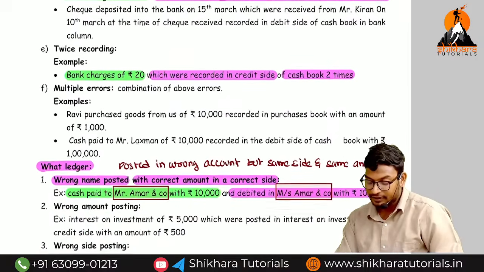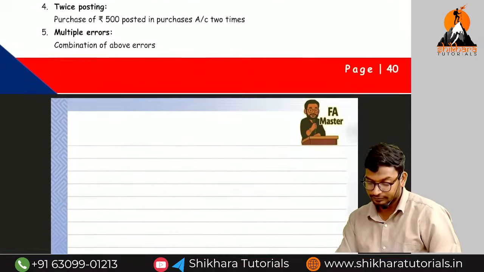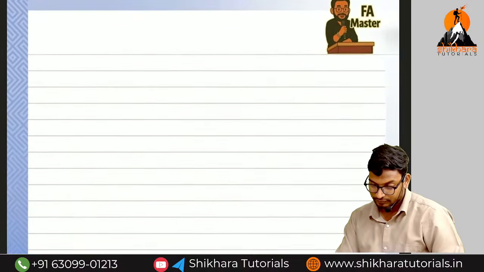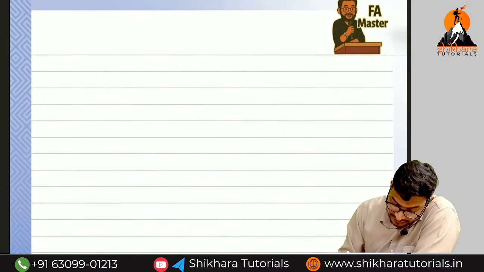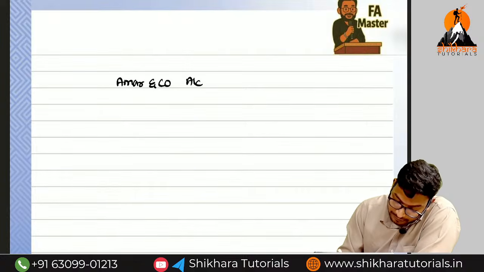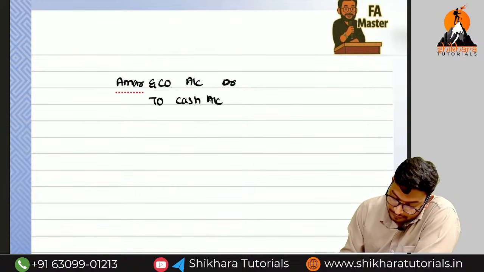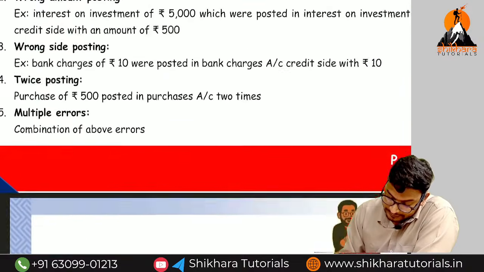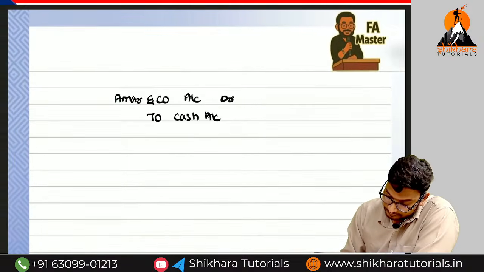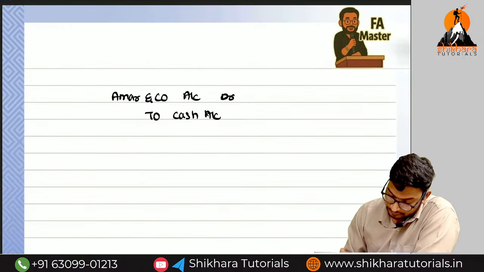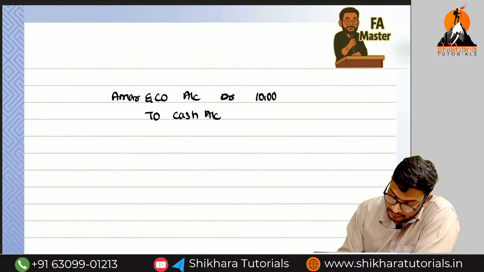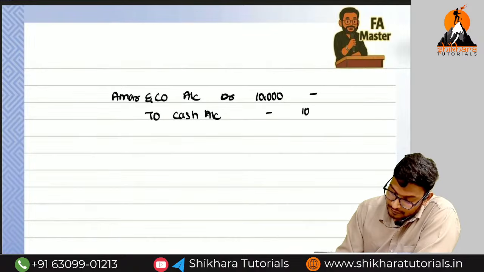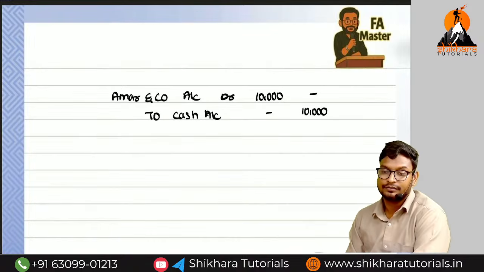Cash paid to Mr. Amar and Co means what is the entry? Amar and Co account debited to cash account. What is the amount? 10,000.